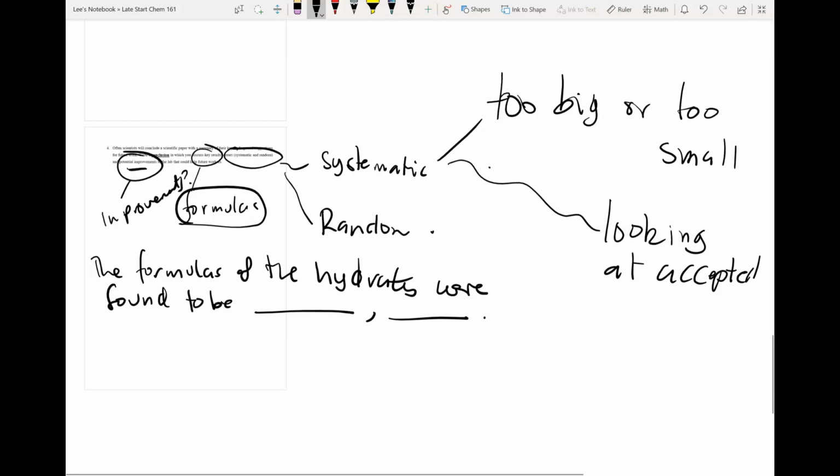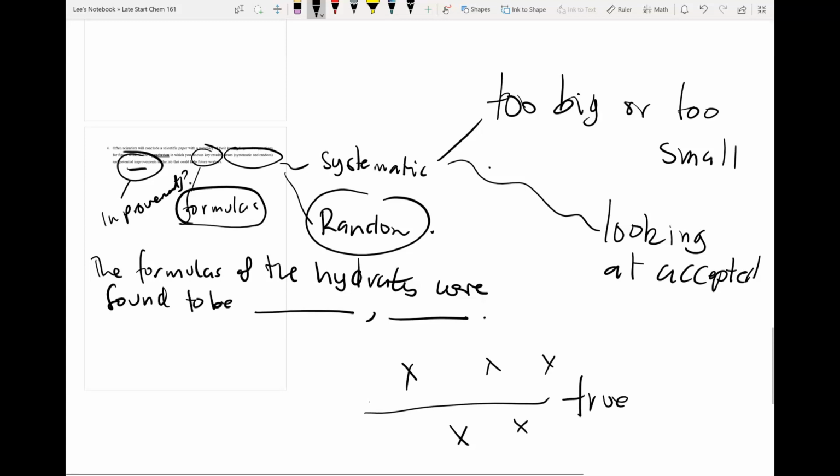You want to look at zinc sulfate hydrate and see what most people report for that. And then see if your values are consistently too big or too small in comparison to the generally accepted values.